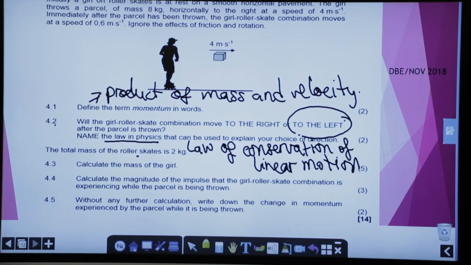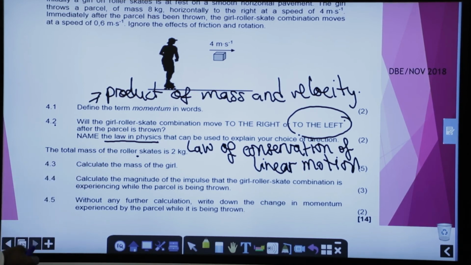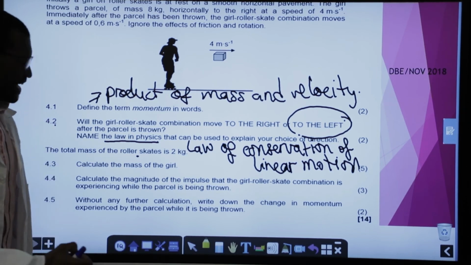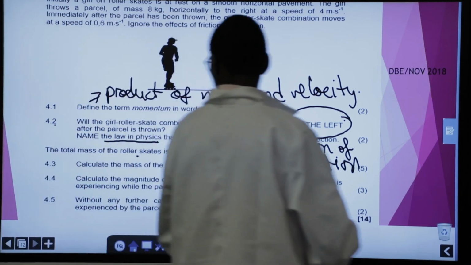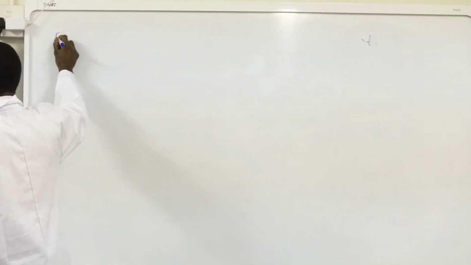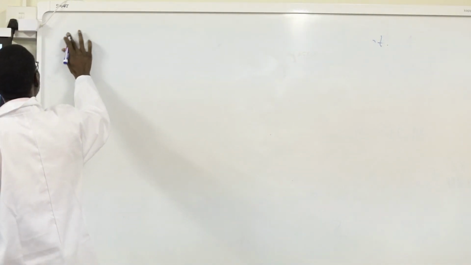Next question says, the total mass of the roller skates is 2 kgs. Find the mass of the girl. So, in this question, we are now looking for the mass of the girl. Again, we are applying the law of conservation of momentum in 4.3.